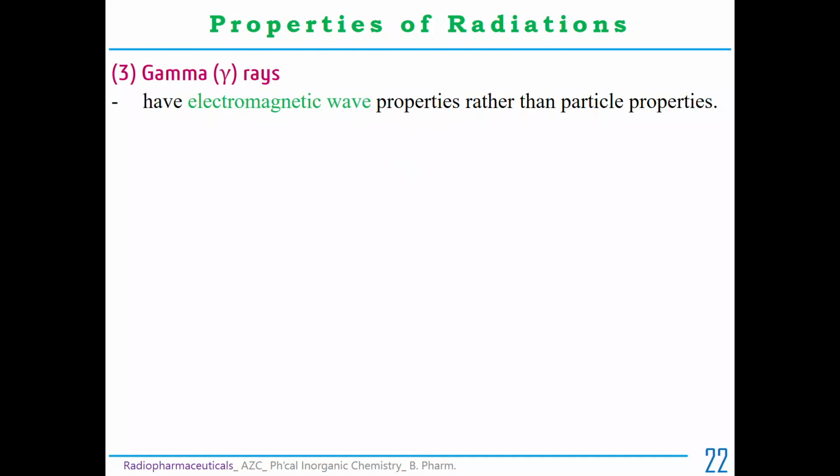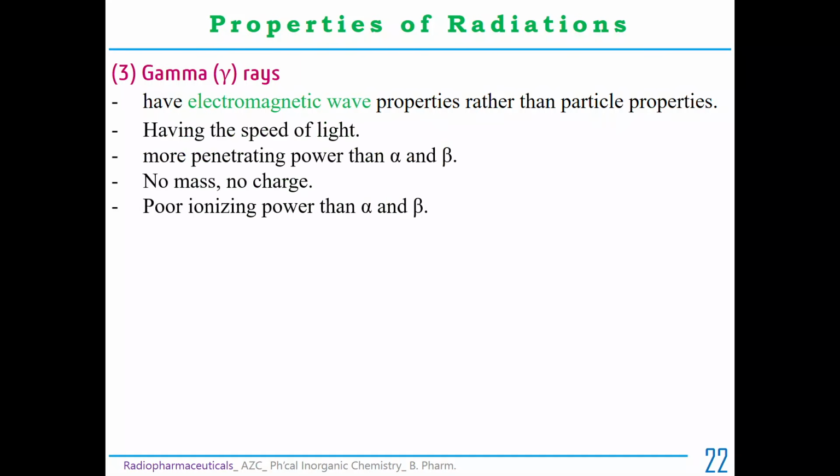Next is gamma rays. Gamma rays have electromagnetic wave properties rather than particle properties, having the speed of light, more penetrating power than alpha and beta, no mass, no charge, and poorer ionizing power than alpha and beta.